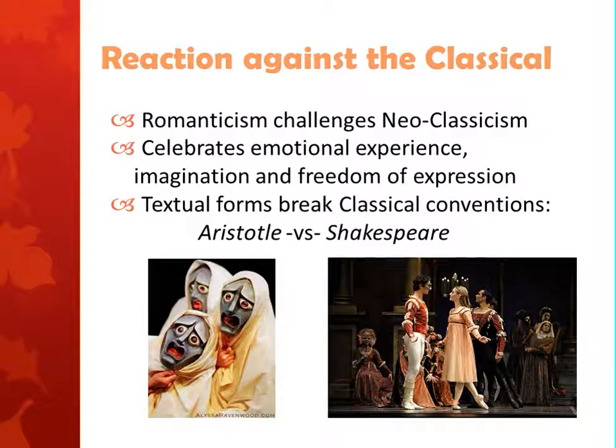Romantics didn't follow this rule. In fact, they opted to include action that took place in multiple locations, sometimes even simultaneously, as well as exploring multiple subplots that spanned across multiple time frames and realities, such as dream states and fantasy worlds. And of course, we see these across many of Shakespeare's plays.